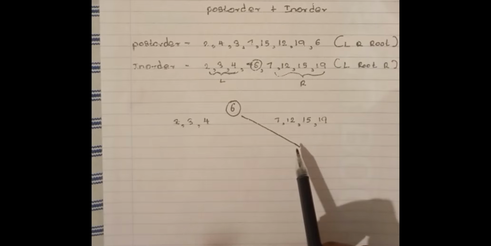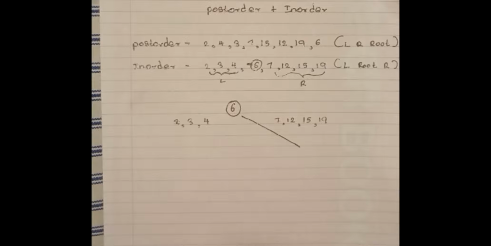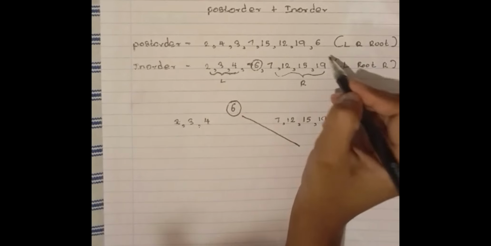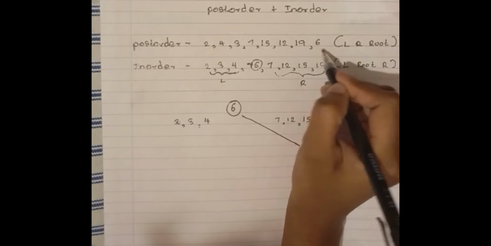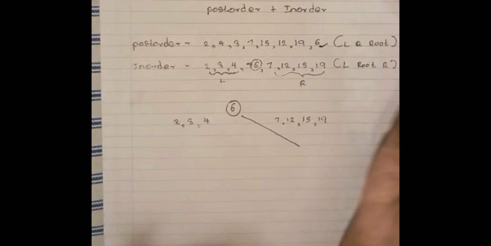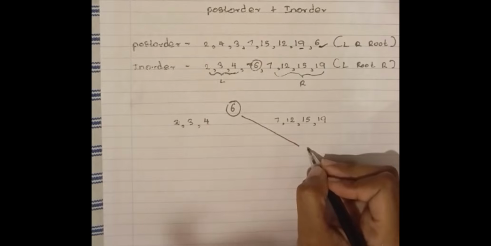Remaining Postorder for the right subtree is 7, 12, 15, 19. 6 is already taken. Now let's move to the 19. So 19 will be the root.